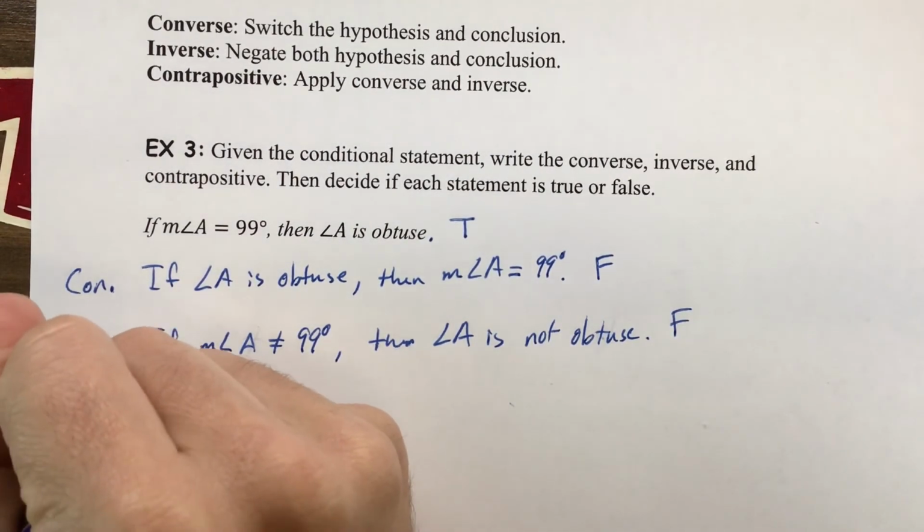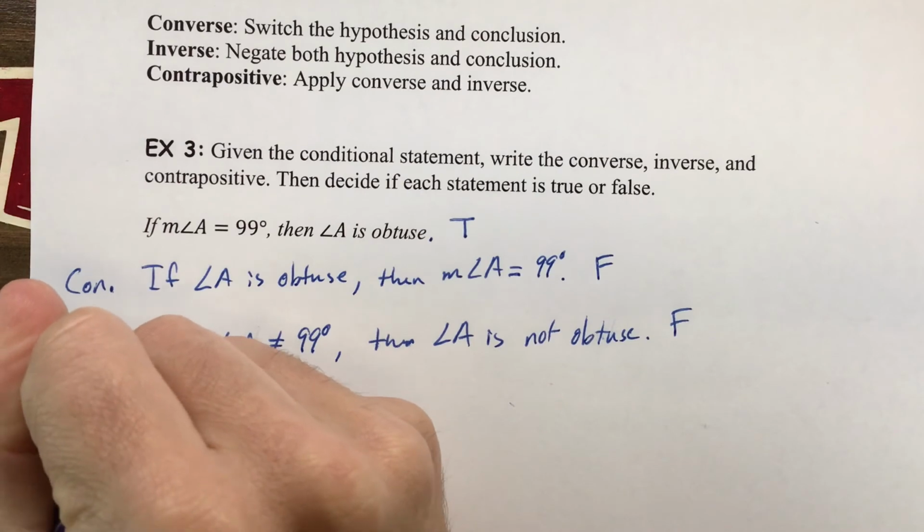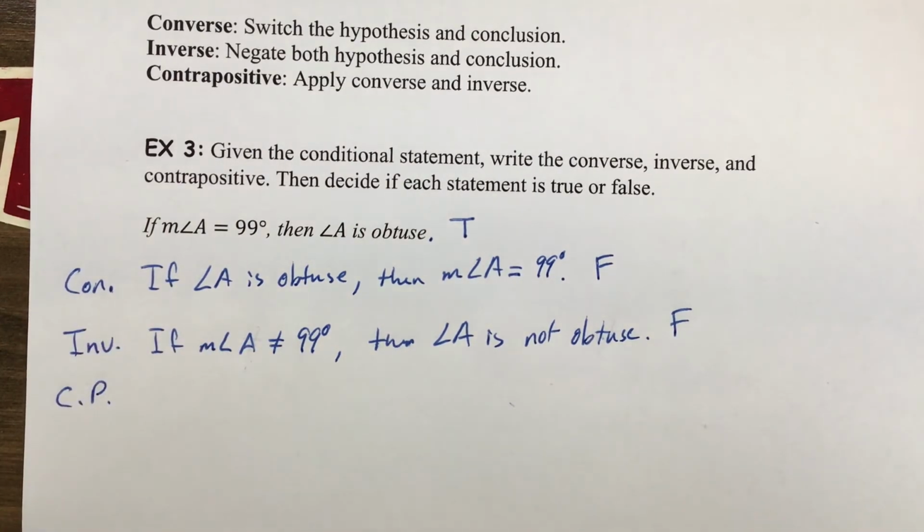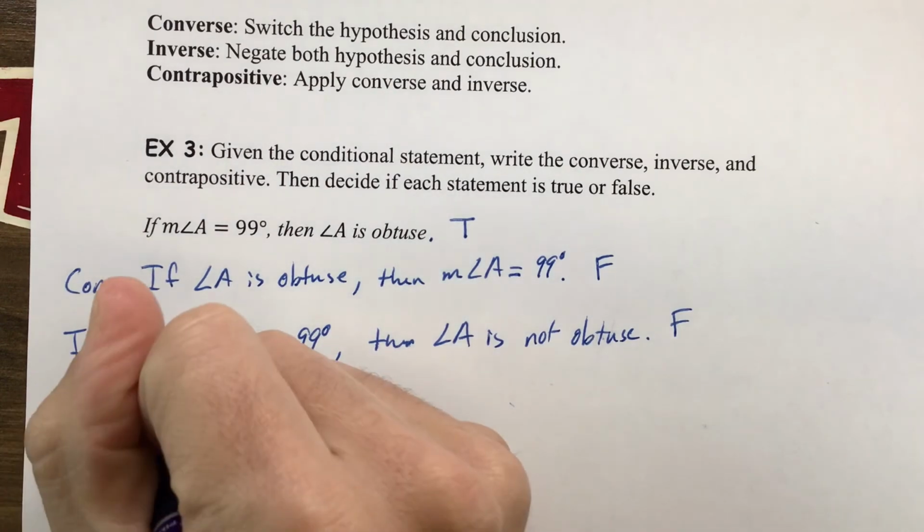All right, and then we have the contrapositive. I'll call that one CP, just to squeeze it in there. For that, we are going to do both. We're going to negate and we're going to switch things around. So let's go ahead and take the inverse statement since it's right above it, and flip everything around.